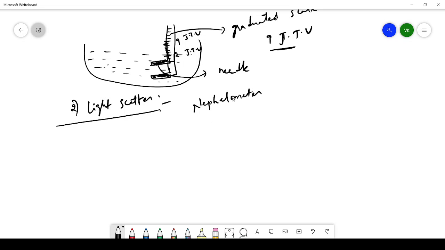Nephelometer works on the principle of light scatter, and the turbidity measured using this nephelometer will be expressed in terms of NTU.